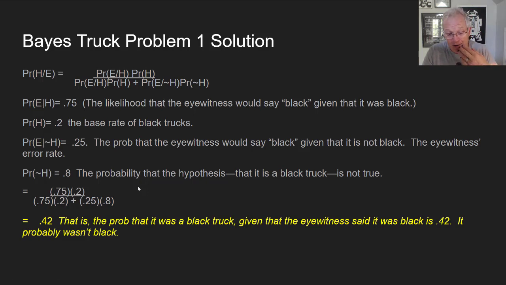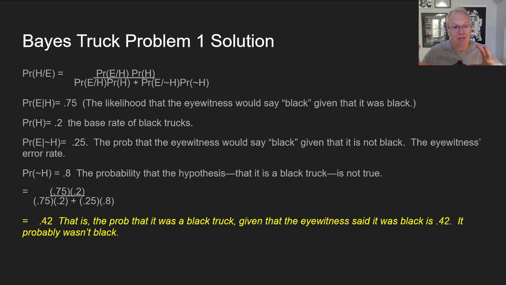Suppose I said in town, 80% of the trucks are blue and 20% are black. A truck was involved in an accident. What's your guess on the probability it was a black truck? Now, if that was all the information you had, you'd just say, well, 20%, because 20% of the trucks are black. And then I added this new piece of information. I said, well, furthermore, a 75% reliable witness said it was black.